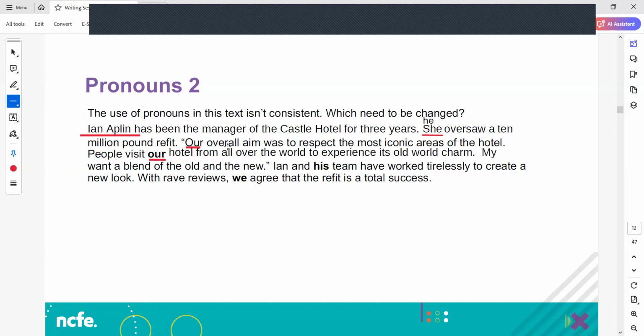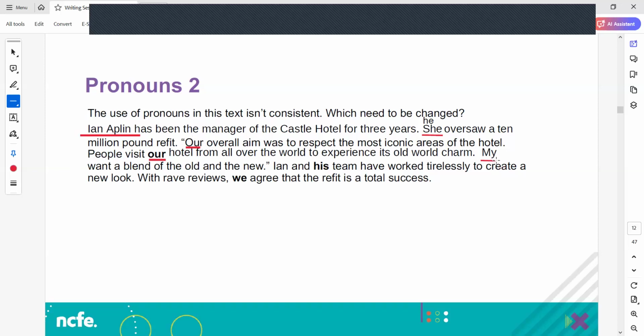So he's the manager, so it's not his hotel. It doesn't just belong to him. It's our hotel. And it matches here with our. So he's talking about our aims for the hotel, our hotel. So that's correct.